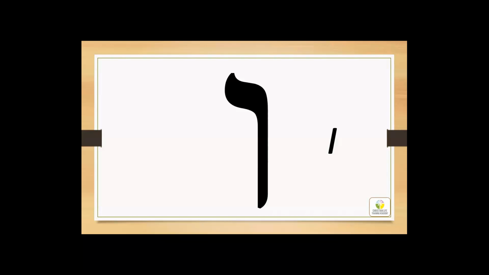Let's see, where is Vav? Okay, here is Vav. Imagine Vav looks like a valve. It is just a little left hook that goes straight down. A lot of people do just this little straight line.